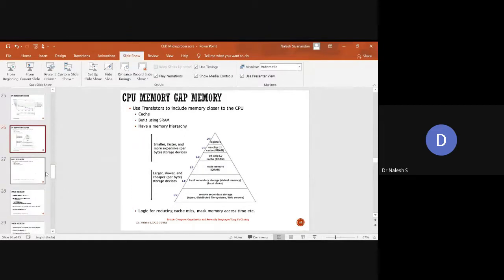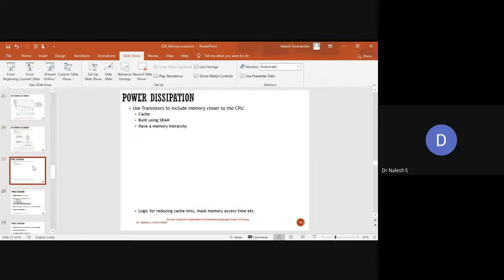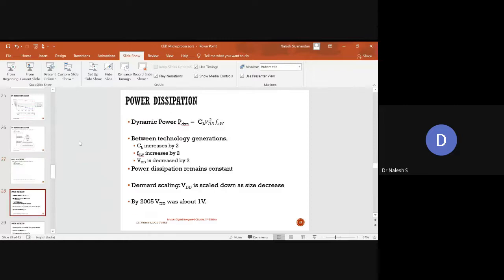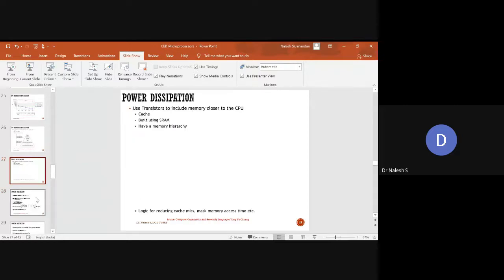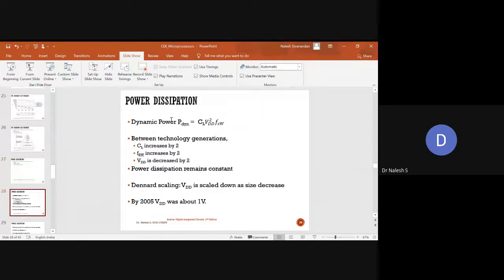Now I said that as you go from one technology generation to the next, frequency increases and the number of transistors increases. But there is a problem. We have been looking only from a performance point of view, but there is a power dissipation or heat dissipation point of view also.